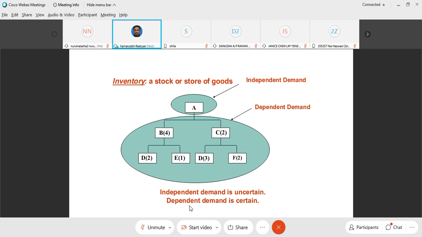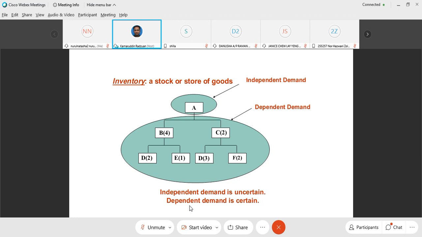Kan? Untuk dependent demand, item-item yang kat bawah ni sama ada kita sebut sebagai sub-assembly, component, raw material ataupun dalam bahasa organisasi ataupun company kan, biasanya disebut sebagai CHI component. Baik.